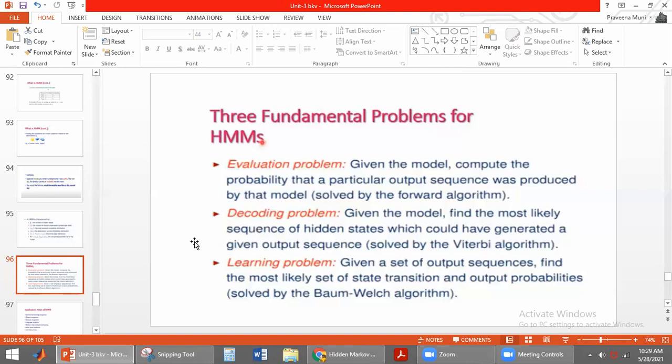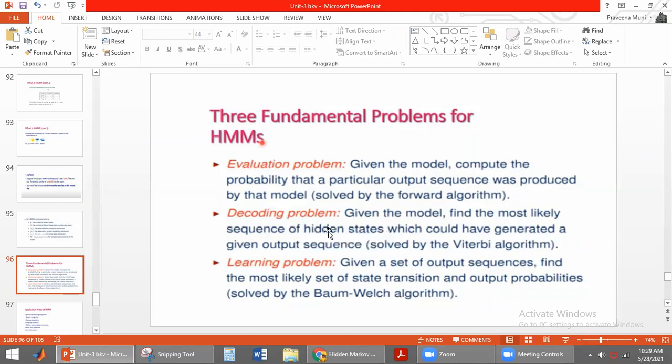For example, first day umbrella, second day no umbrella, third day umbrella. These are the three outputs we have, so we want to find the sequence of hidden states, that is raining, no rain, raining, like this.